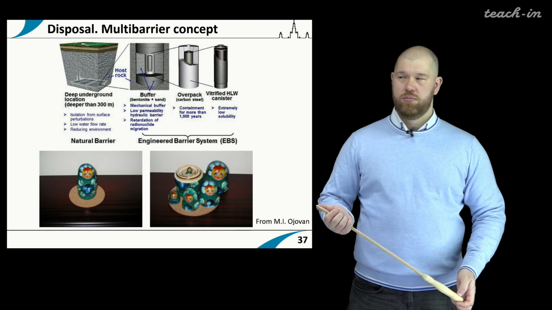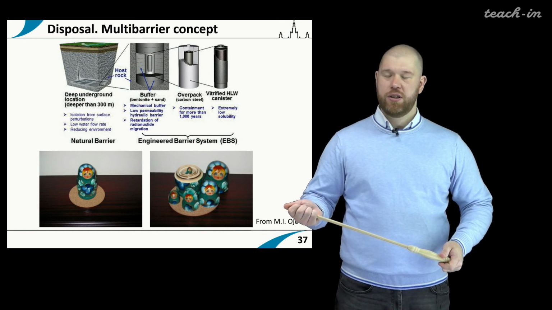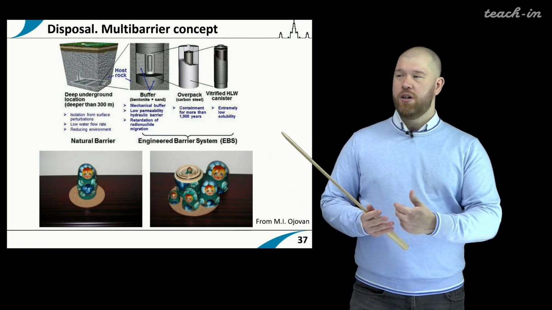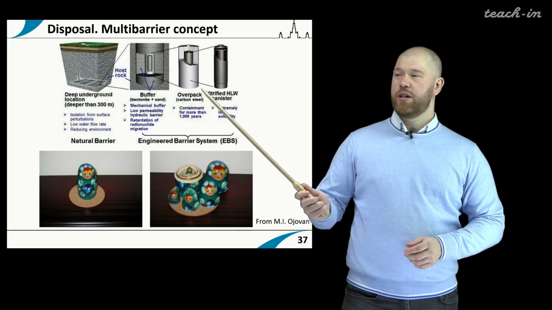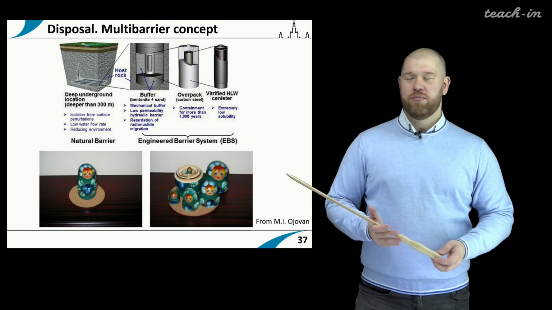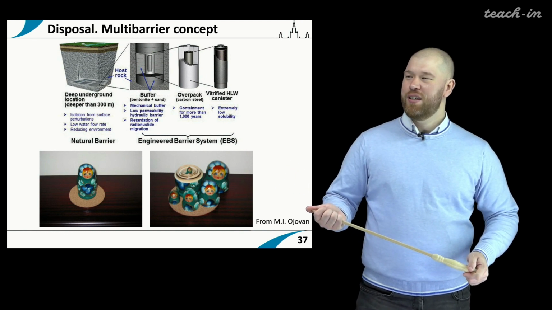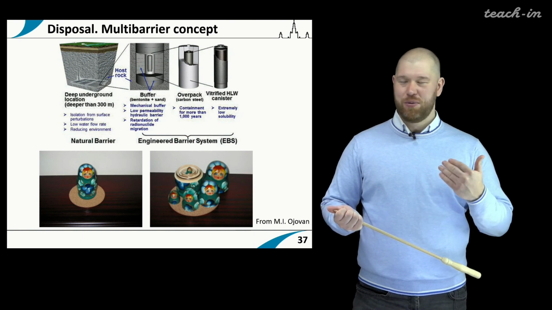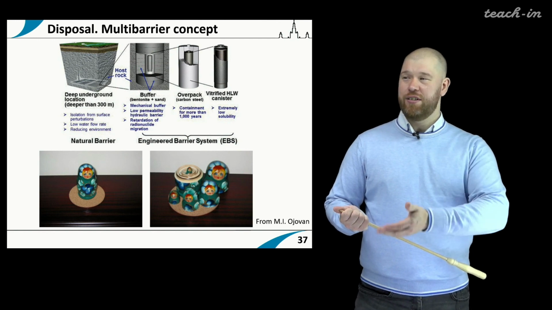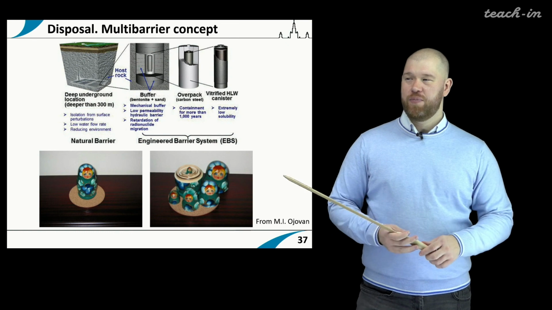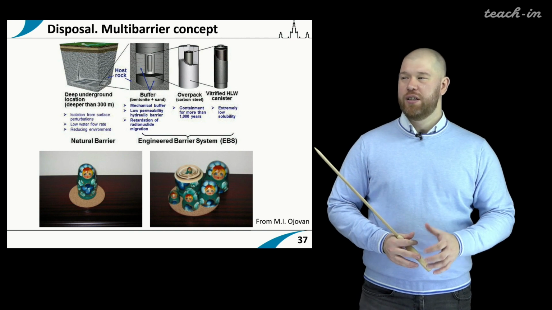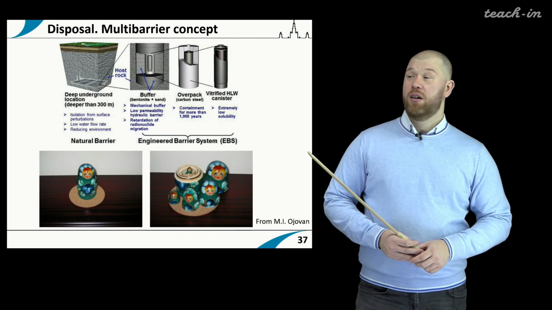The main aim of this buffer material is to prevent contact of our container with water, and if the water one way or another contacts the container and it results in corrosion of the container and release of the radionuclides, then the aim of the buffer material is to sorb all the radionuclides that can be released from the container.